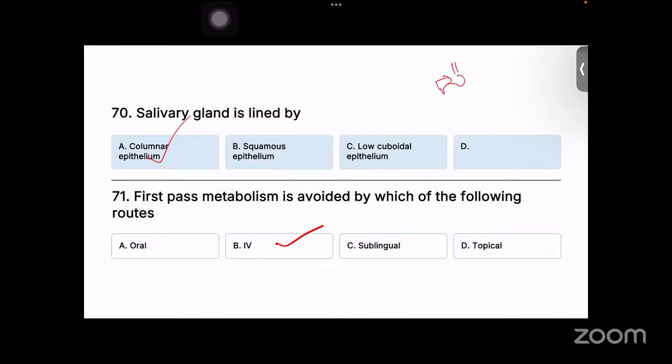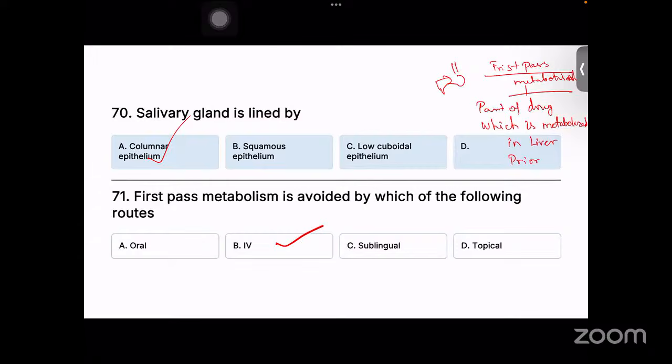First pass metabolism means the part of the drug which is metabolized in the liver prior to entering the systemic circulation.